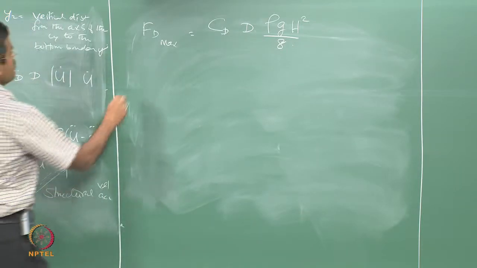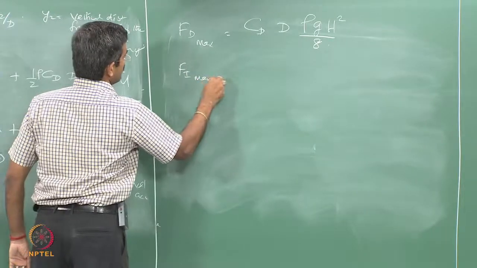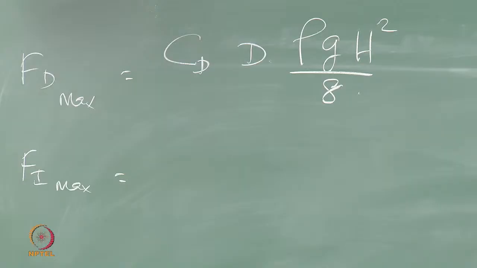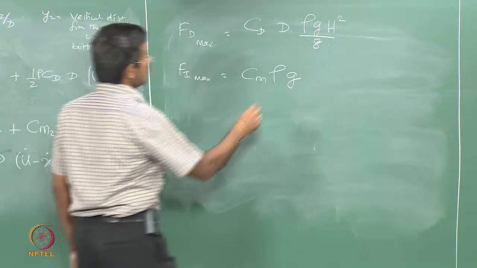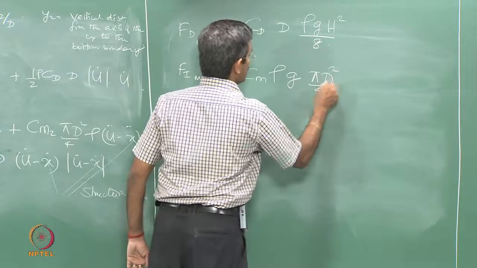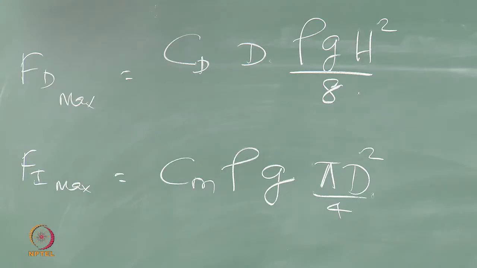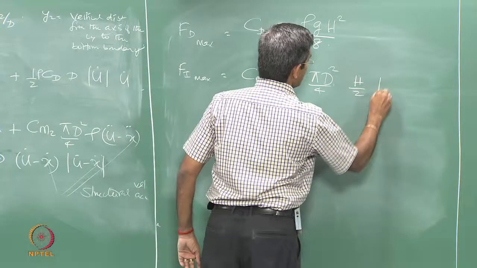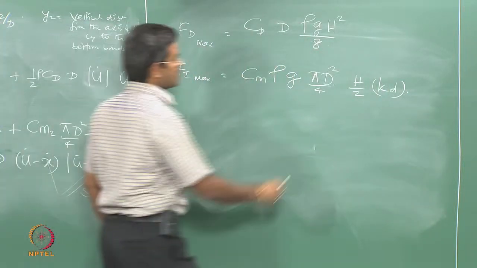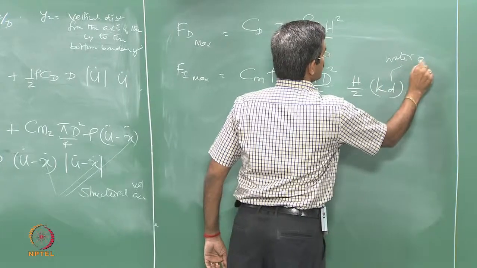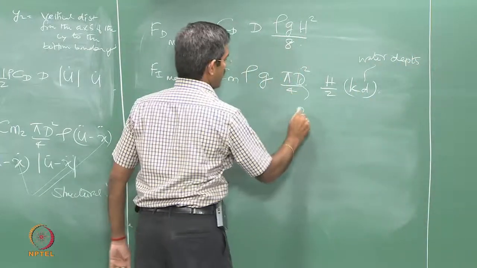Similarly, inertia force maximum experienced by the member. The small d indicates water depth. Of course, the capital D indicates diameter of the member.